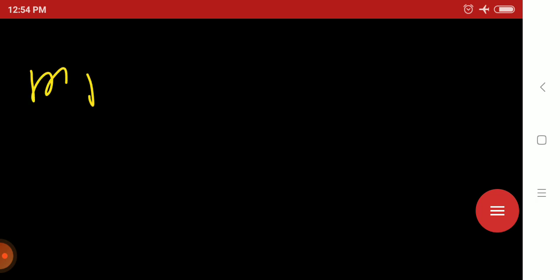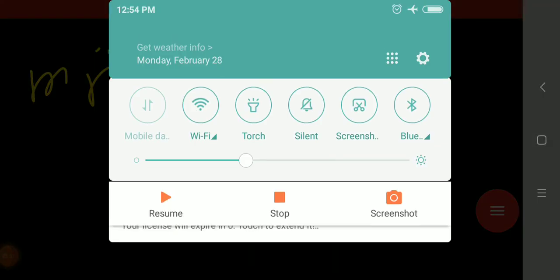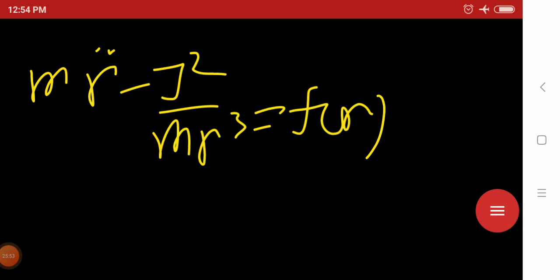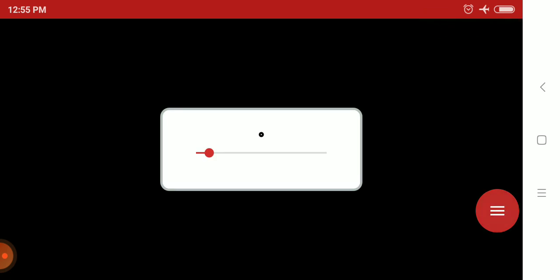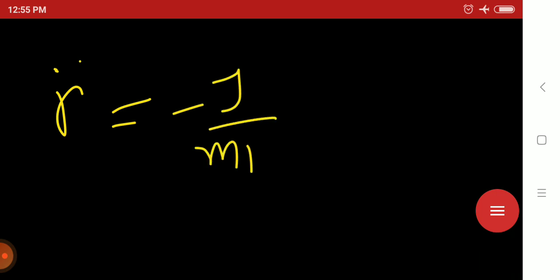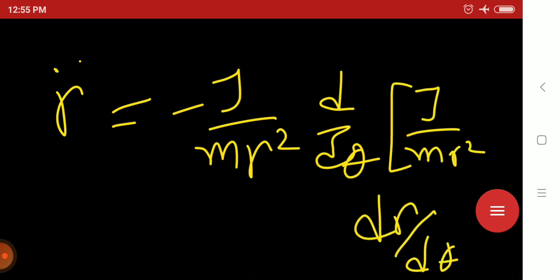Mr double dot minus j square by mr cube equals f of r. So what can we write for r double dot? We have r double dot equals minus j by mr square dd theta of j by mr square into dr by d theta.